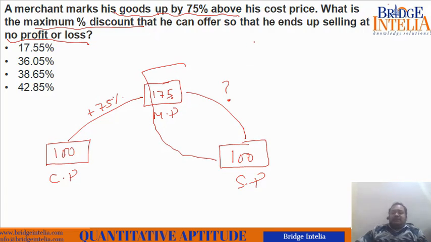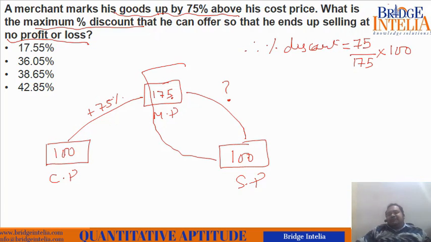Therefore percentage discount, sticker is 175, but he takes only 100 from his customer. So he gave 75 rupees discount to his customer. So percentage discount is equal to 75 is what percentage of sticker price. So 175. So 75 is what percentage of 175.